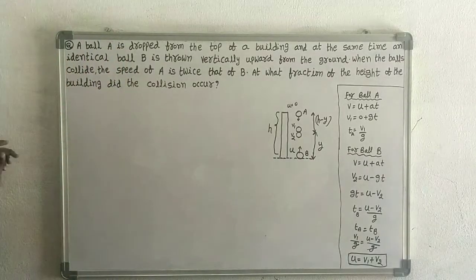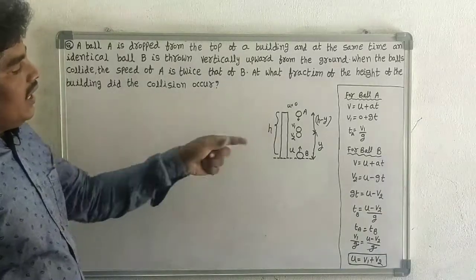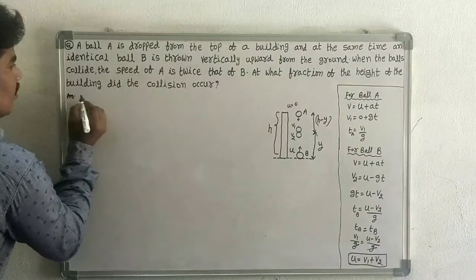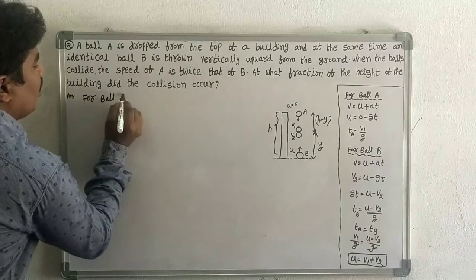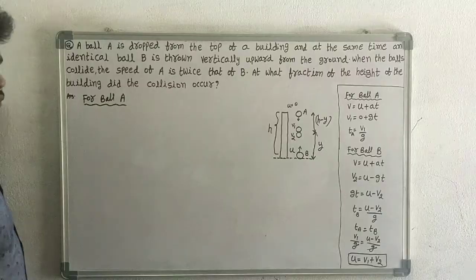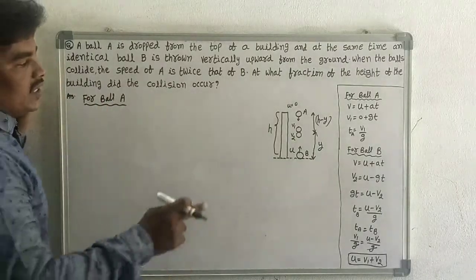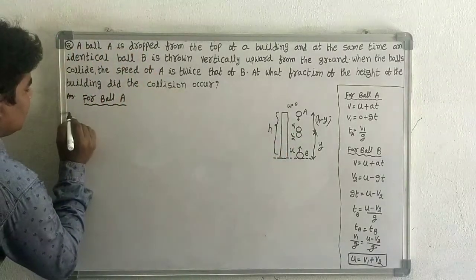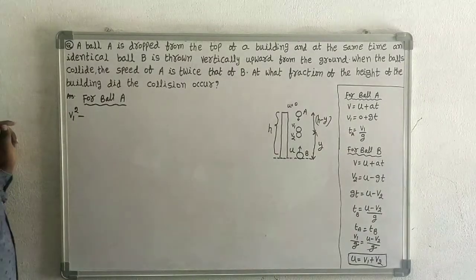Now we apply the third equation of motion for ball A and ball B. First we take ball A. What is the third equation of motion? v square minus u square is equal to 2as. v means final velocity. The final velocity of ball A is v1, so v1 square minus u square.